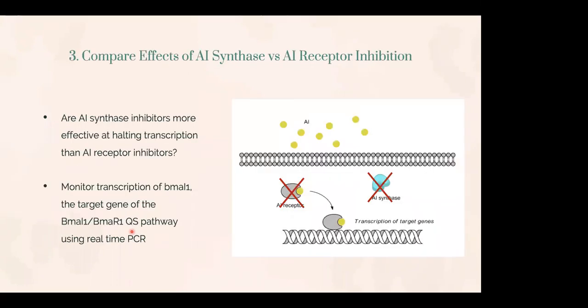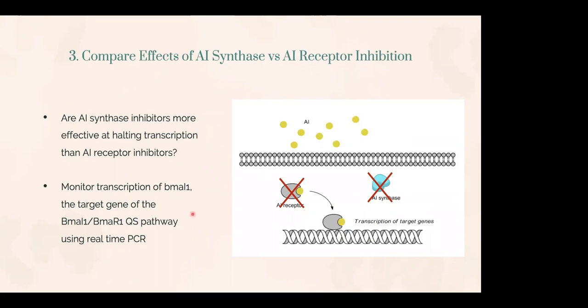The next question that I have is about the differences between AI synthase inhibitors and AI receptor inhibitors. Most of the research done in the field thus far has been on AI receptor inhibition, but I am interested to see the different effects of AI receptor inhibitors and AI synthase inhibitors on the transcription of these target genes.